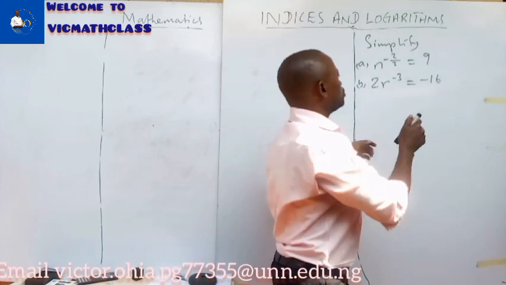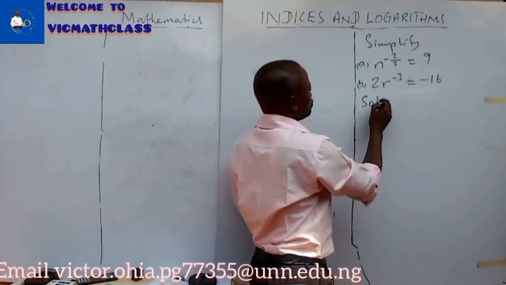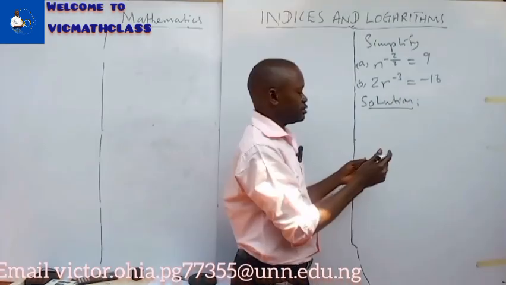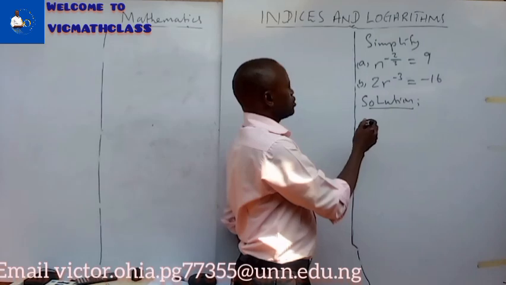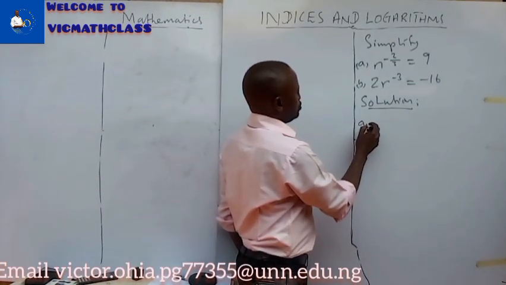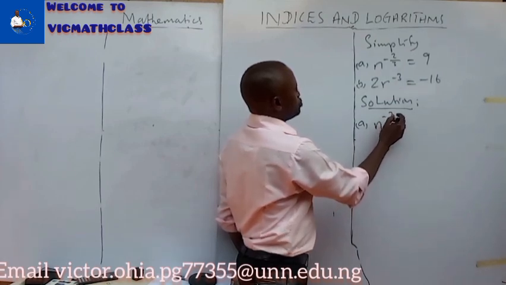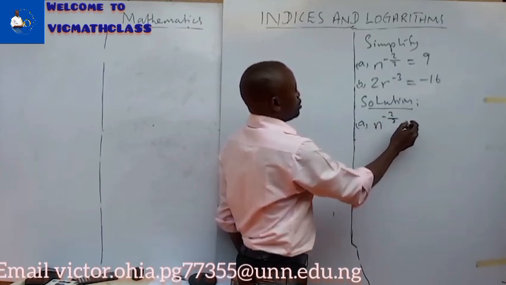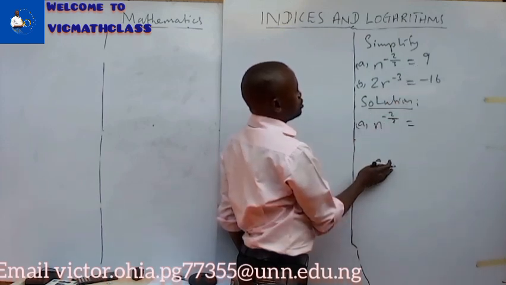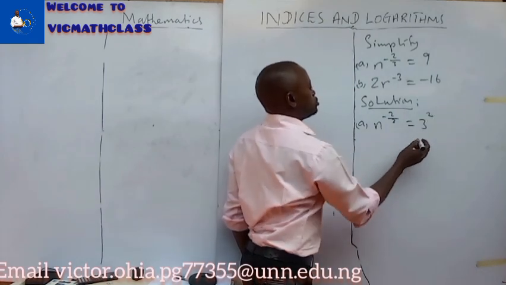If you have something like this and we need to resolve it, from the first one we have n raised to power minus 2 over 3 equals, permit me to rewrite this 9 as 3 raised to power 2.